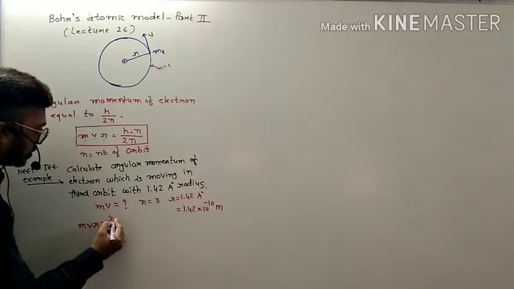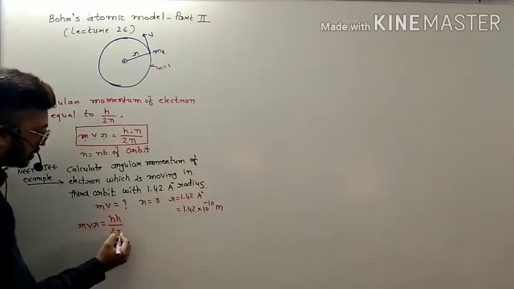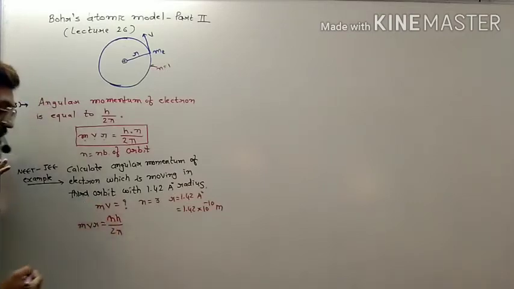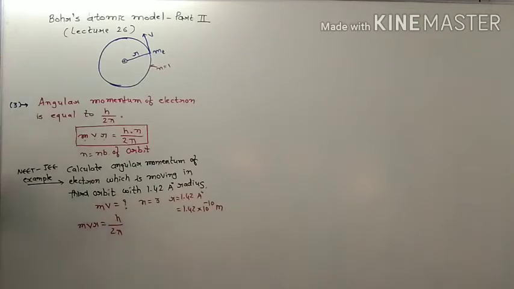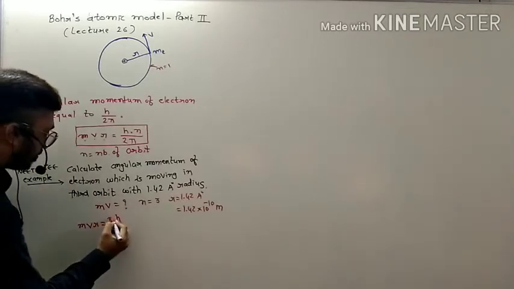mvr is equal to nh upon 2 pi. Okay, so we have to find mv.